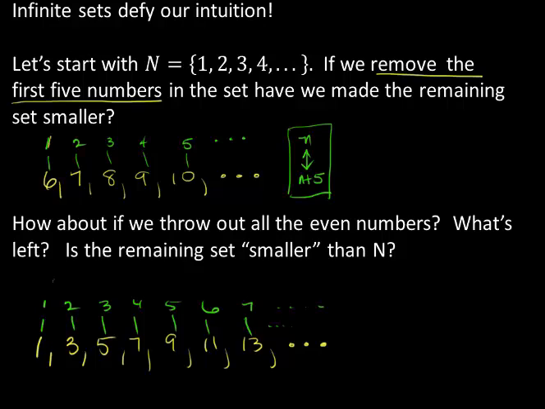If we can list an infinite set, if we can just write down the first element, the second, the third, the fourth, the fifth, the sixth, the seventh, etc., then just by making an infinite list, we have paired up these numbers with all of the natural numbers. This is a one-to-one correspondence. So this set of odd numbers has the same cardinality as all of the natural numbers.